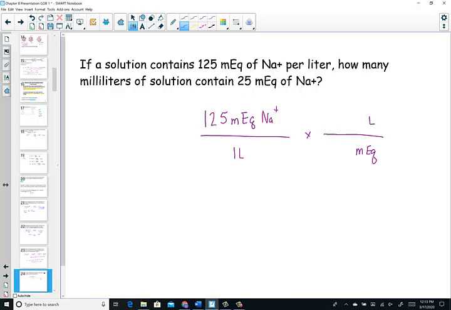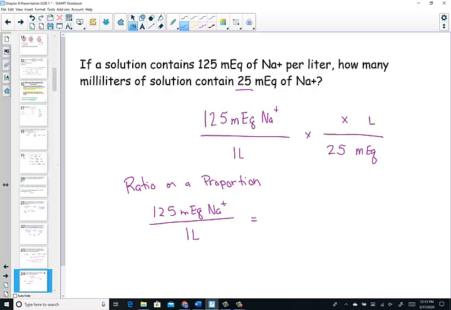So when we think about setting this up right here, 25, and this is the variable we're solving for, isn't it? So we have to divide by 25. You can think of this really as a ratio, or think of it as a proportion. If 125 milliequivalents of the sodium are delivered in every liter, 25 milliequivalents set over X liters.